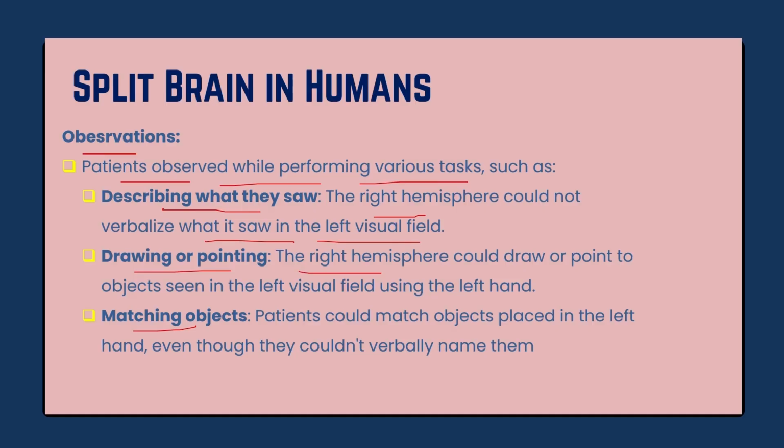The right hemisphere could draw or point to objects seen in the left visual field using the left hand. The patients could match objects placed in the left hand even though they couldn't verbally name them. Alright, so this was what they observed from their experiments.